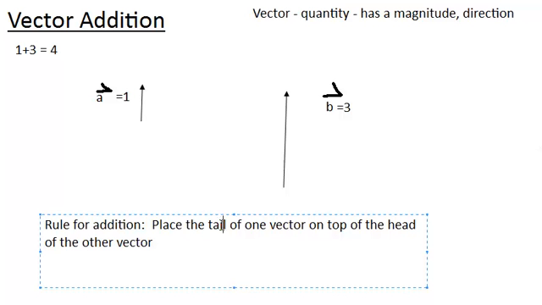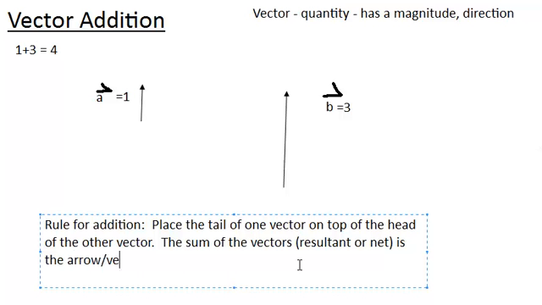So we will place a tail of one vector on top of the head of the other vector, and then the sum of the vectors, also known as the resultant or net vector, is the arrow or vector that is drawn from the start to the end, quite simply.